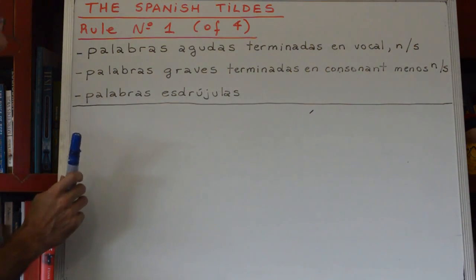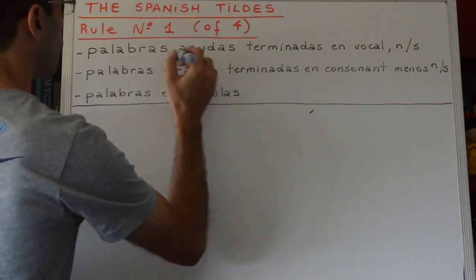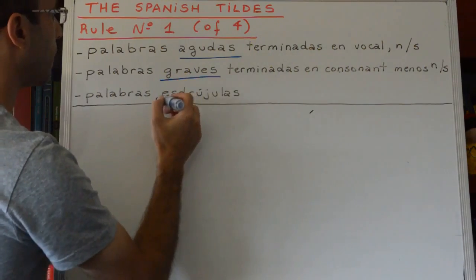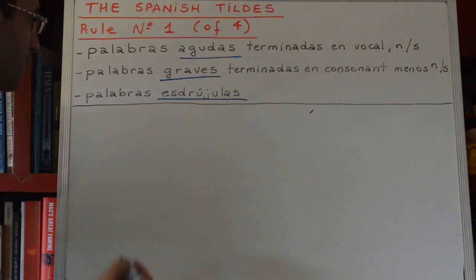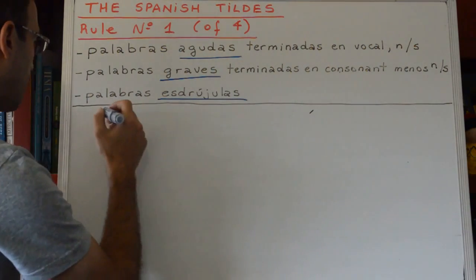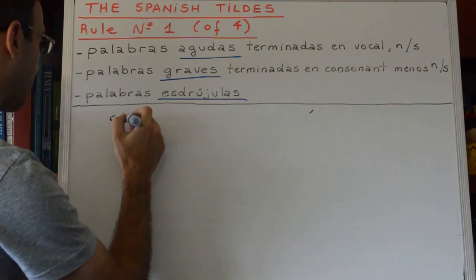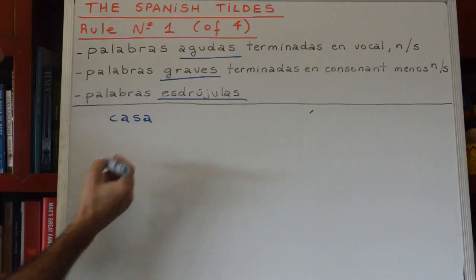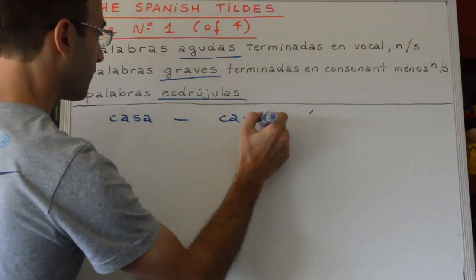This tells us which words carry a tilde. First of all, let me tell you what are palabras agudas, palabras graves, and palabras esdrújulas, okay? Palabras, you know, means words in Spanish. So, let's say we have the word casa, which means house. This word has 2 syllables: ca, sa.